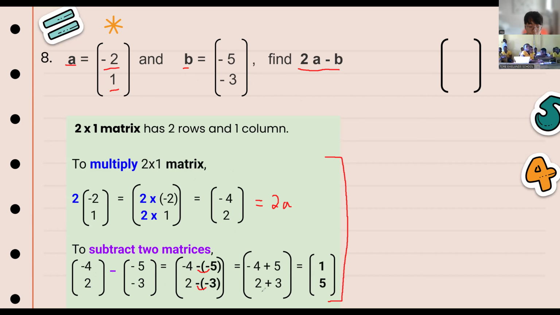Same with here. So it's negative 4 plus 5, and 2 plus 3 equals 1, 5. So if you're told to write the resulting matrix from 2A minus B, it would be 1, 5.